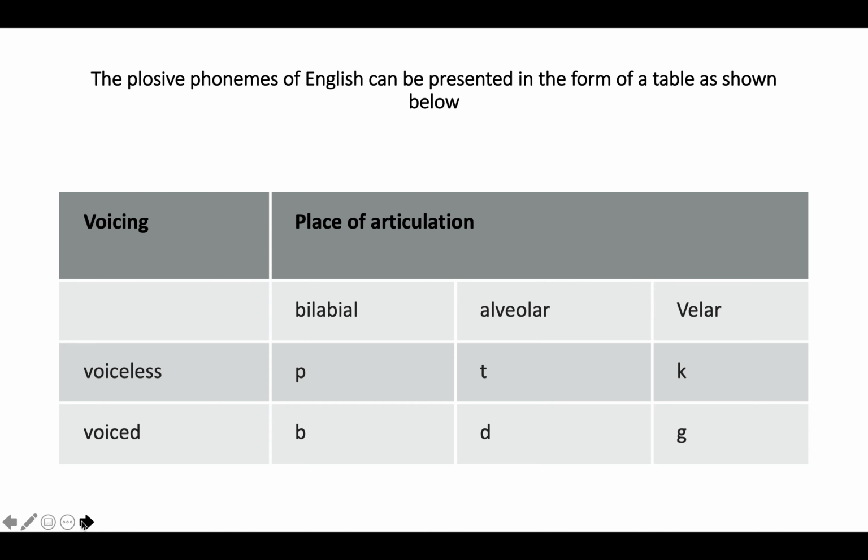So the voiceless are p, t, and k, while the voiced consonants are b, d, and g. Also, p and b are bilabial according to the place of articulation, and t and d are alveolar. However, k and g are velar consonants.